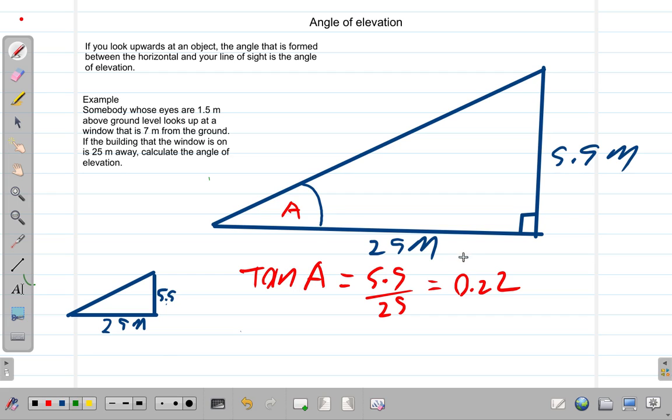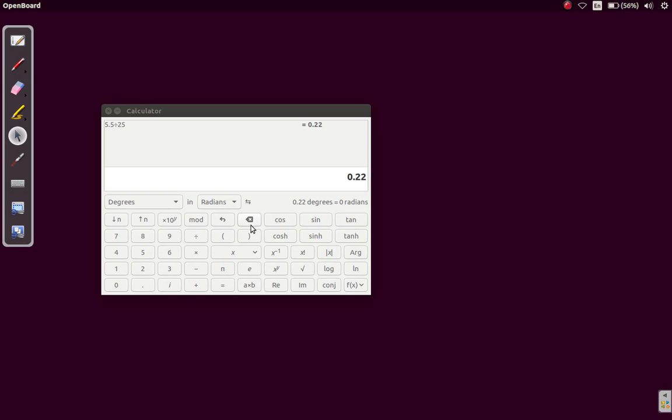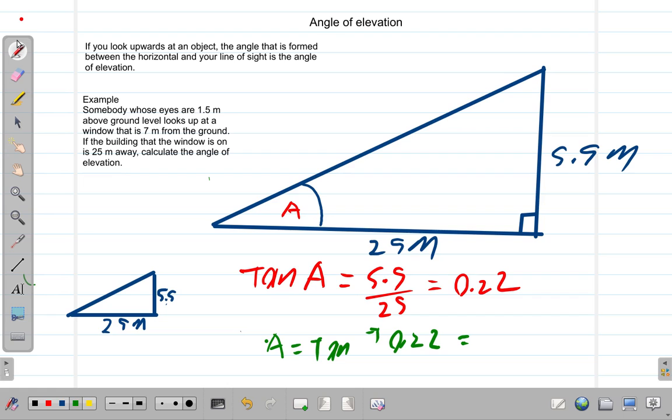If tan A is 0.22, then A will be tan inverse of 0.22, which is, let's see on our calculator, 12.4 degrees. So the angle of elevation is 12.4 degrees. So A is 12.4 degrees.